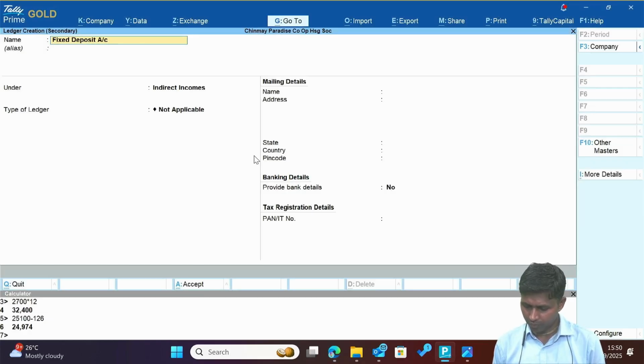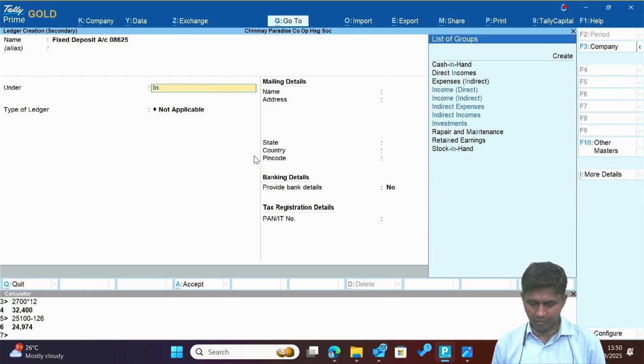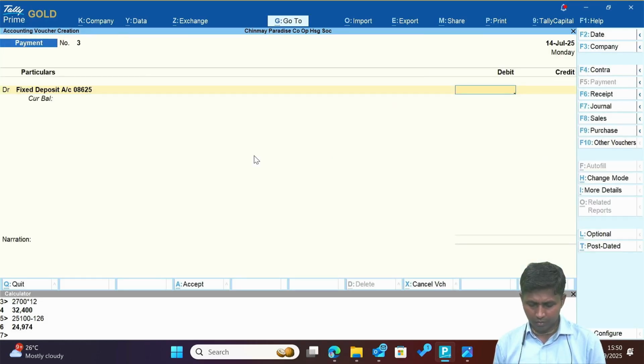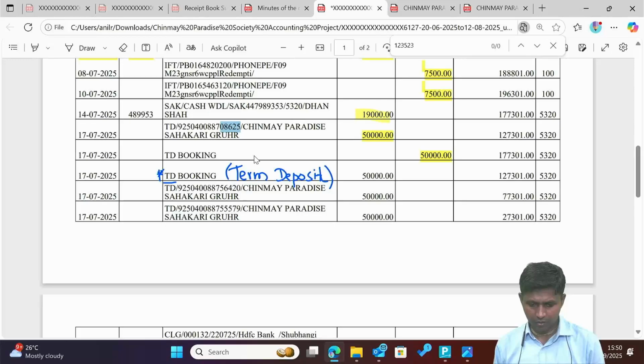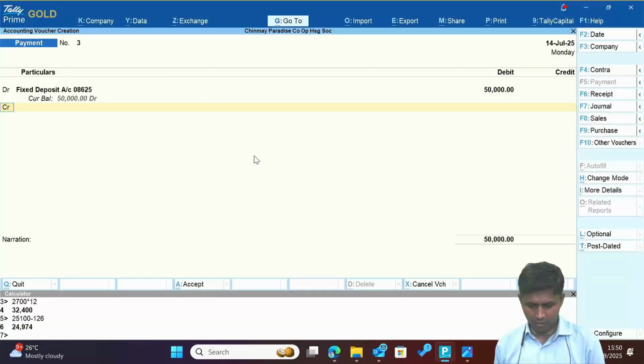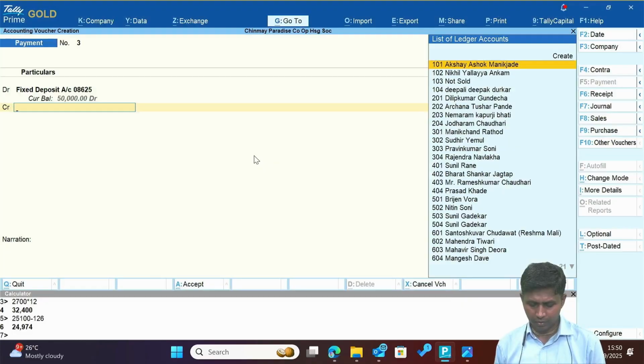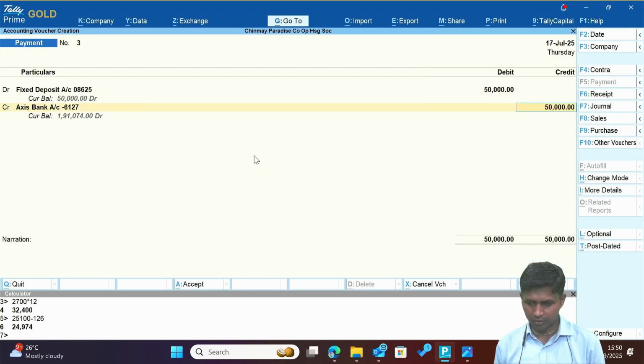Now we'll say end, and under investment, and of rupees 50,000 accepted on 17th July. In Tally on 17th, credit, and through Axis just select the Axis instrument, no need to write. Accepted.